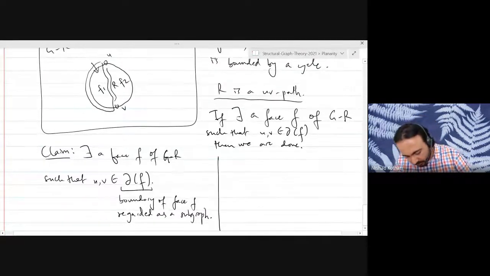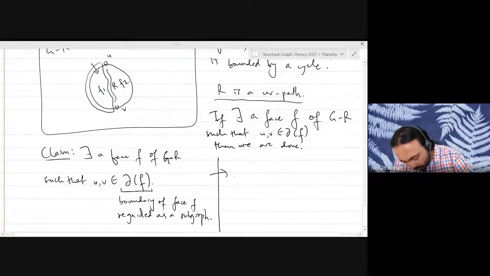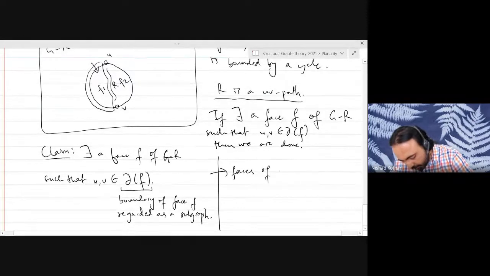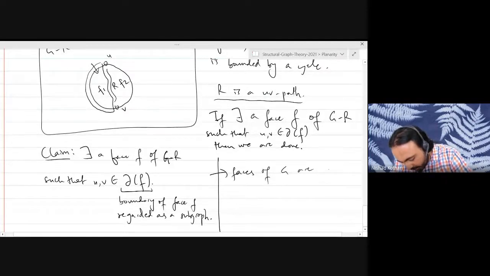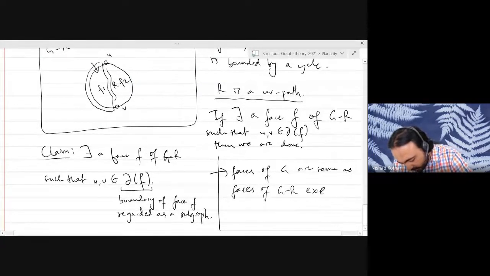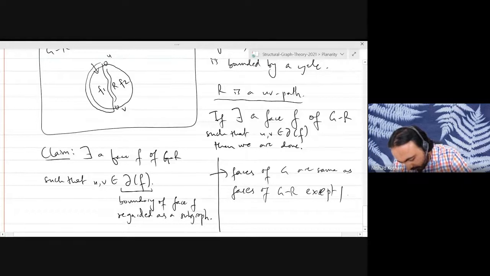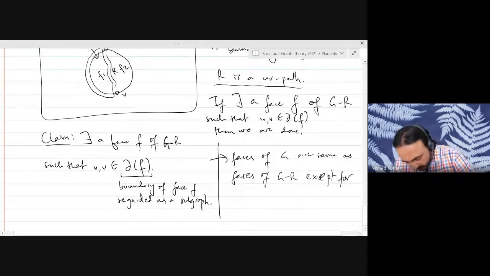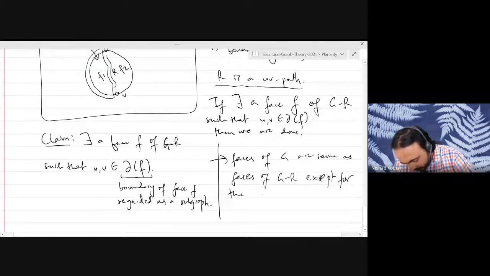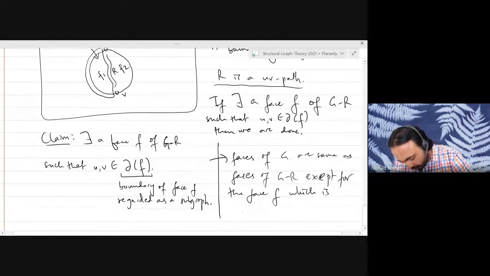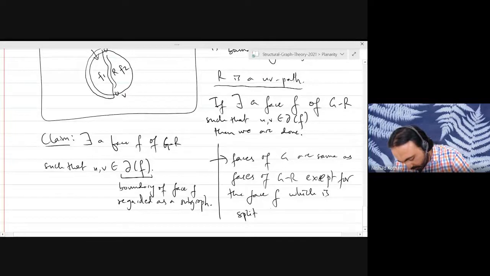Faces of G are the same as faces of G minus R, except for the face F, which is split into two faces, F1 and F2.